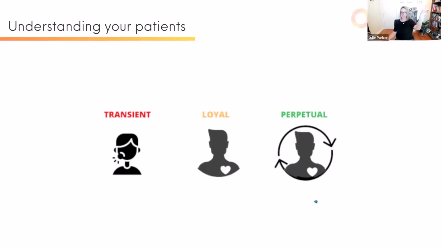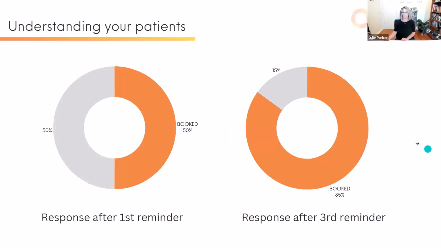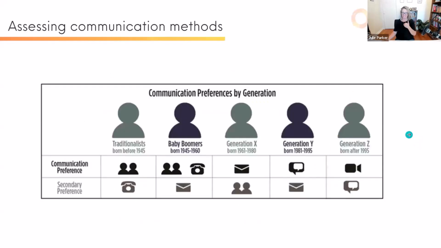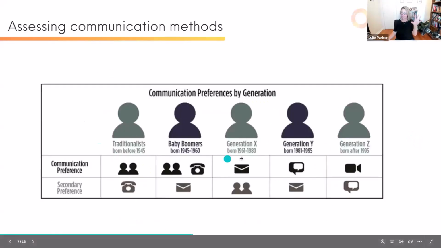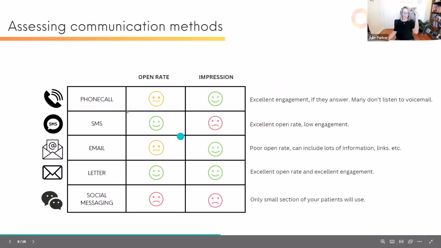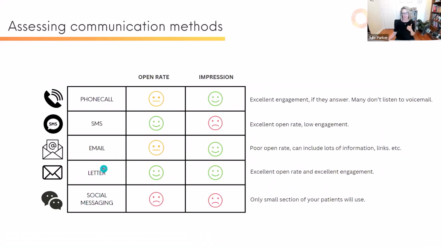One reminder, I'm booking straight in. The rest of the strategy is, how do we get the loyals to come in this time? And so who's making up your loyal patient base? We're going to do 3 reminders because that's how much it's going to take for them to come in. We're going to assess who our patient base is and assess the mode of communication that we're going to use in order to make it as effective as possible.